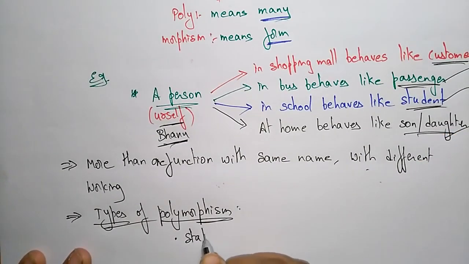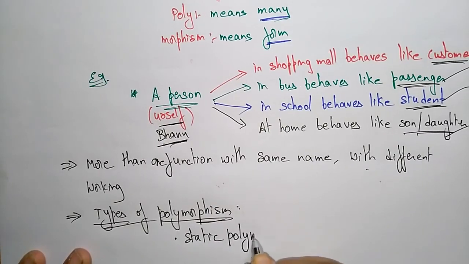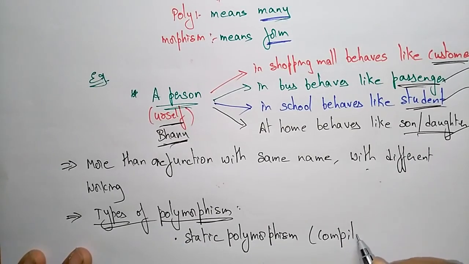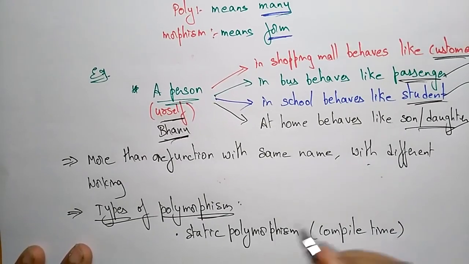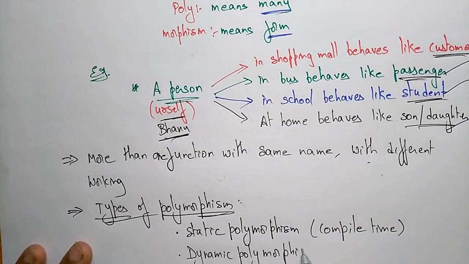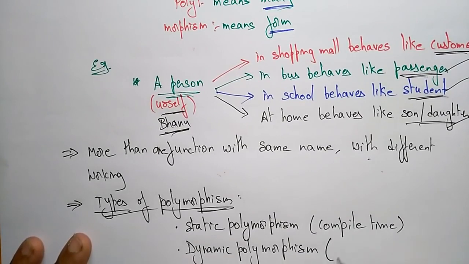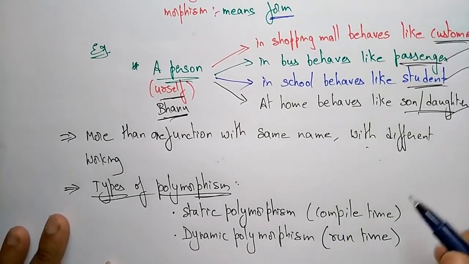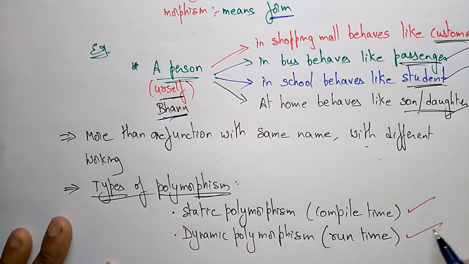One is static polymorphism, which you also call compile time polymorphism, and the other is dynamic polymorphism, also called runtime polymorphism. So there are two types of polymorphism, static and dynamic. Static is nothing but compile time, whereas dynamic is called runtime polymorphism.